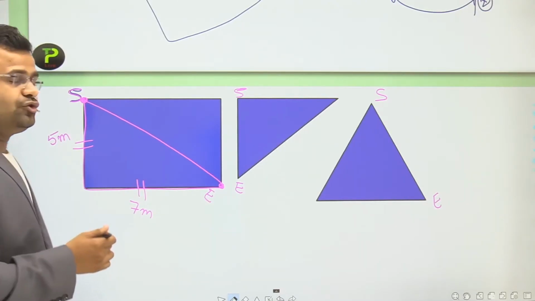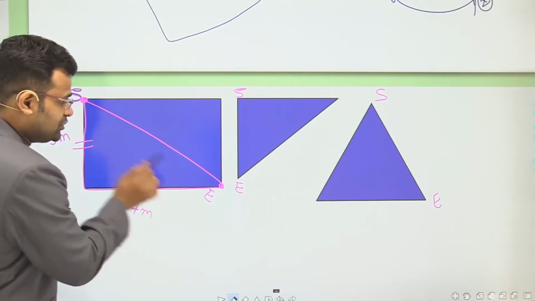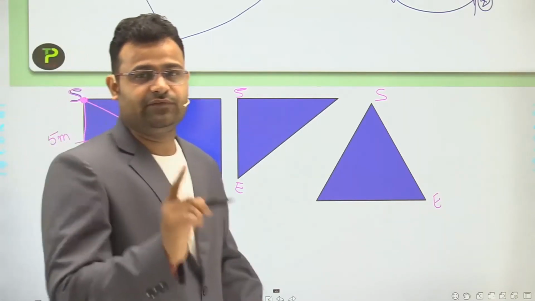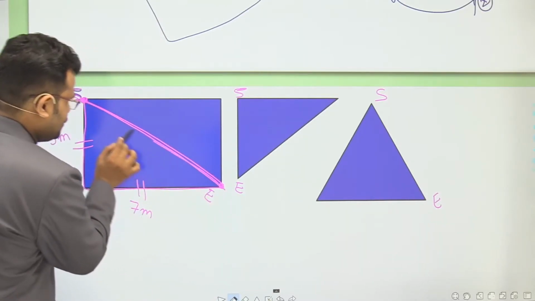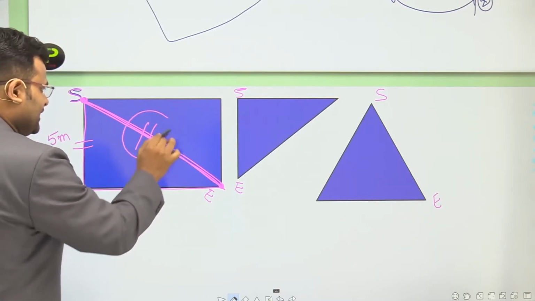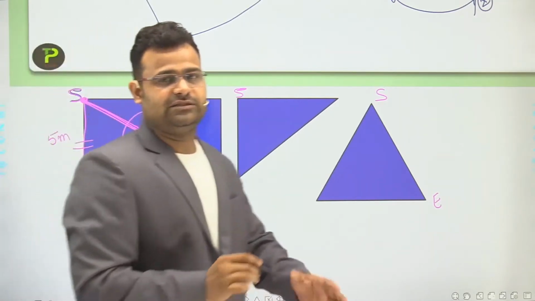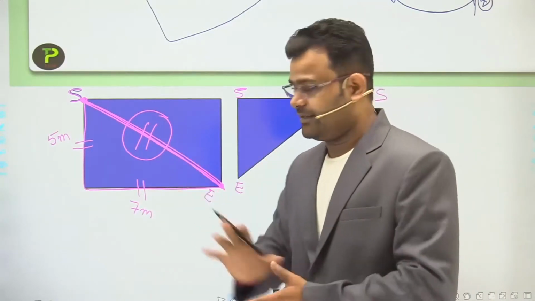To get the shortest path, we draw a straight line between initial and final position. Now calculate the value of that line, and that line is the displacement in that diagram.